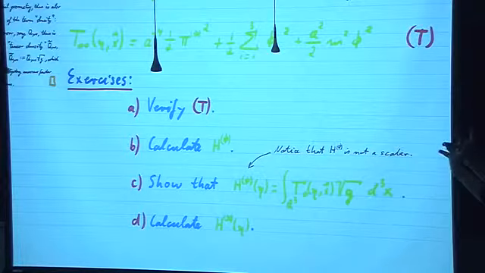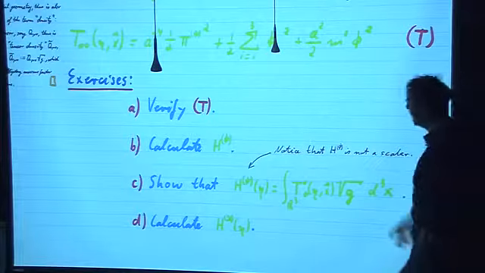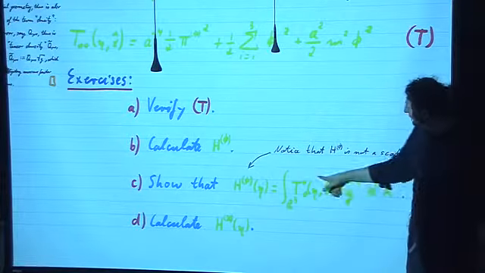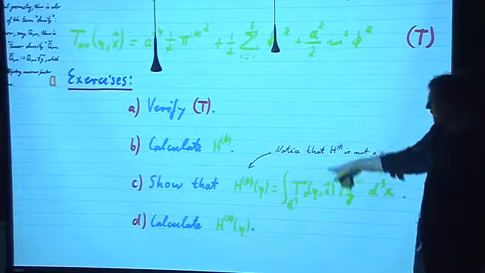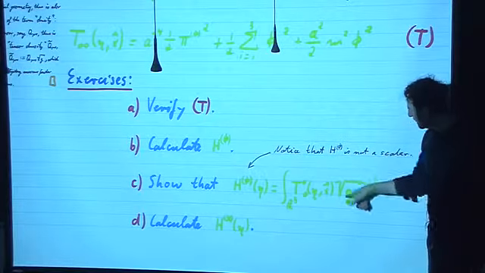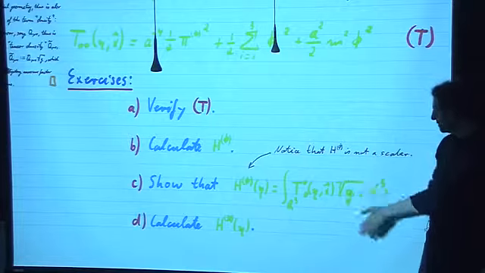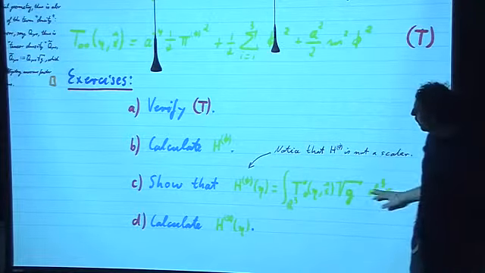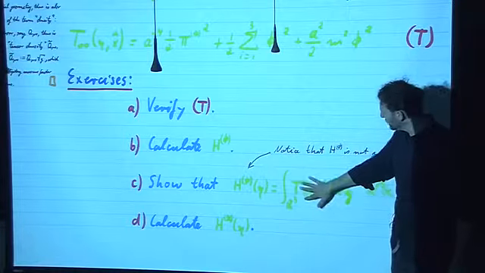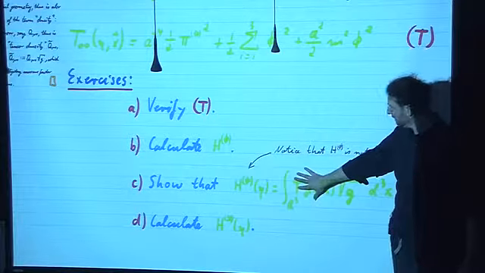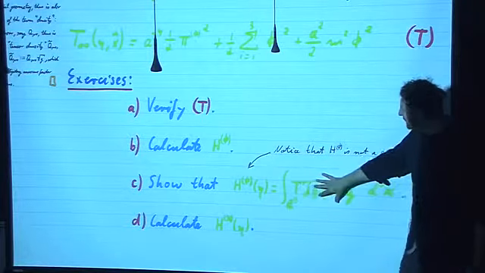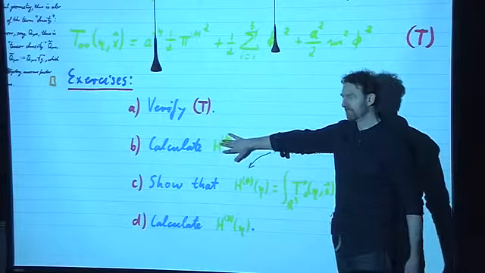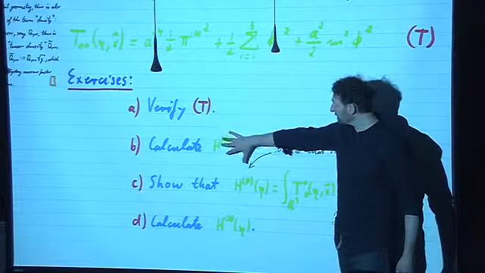And in this way, you should be able to show that if you take the energy density of the Klein-Gordon field and you multiply with the usual measure of integration, and you integrate over all of space, so then you go from the energy density to the total energy in the field, that expression is actually the Hamiltonian that you get in this way. So things are consistent.